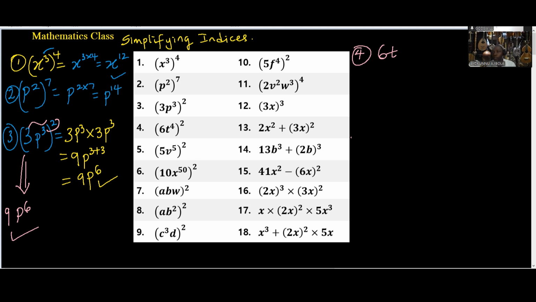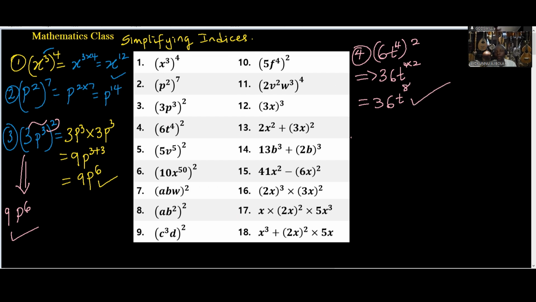Number 4, we have 6t raised to power 4, also raised to power 2. That is 6 squared. 6 squared is what? 36. Then t raised to power 4 times 2. This is going to be 36t raised to power 8.